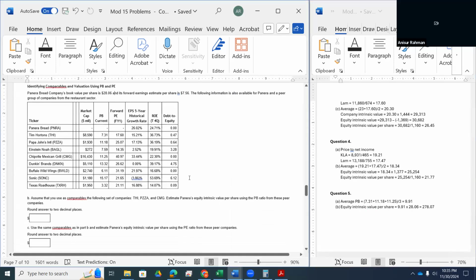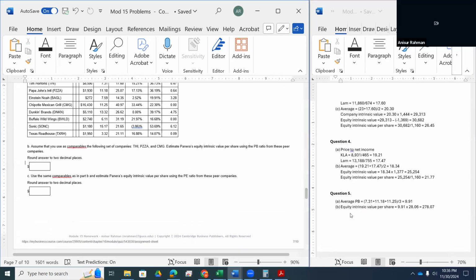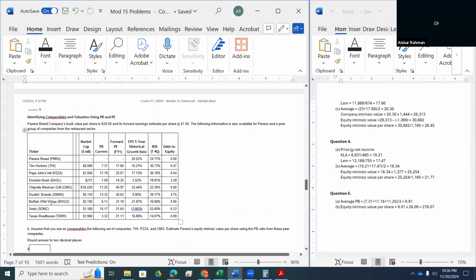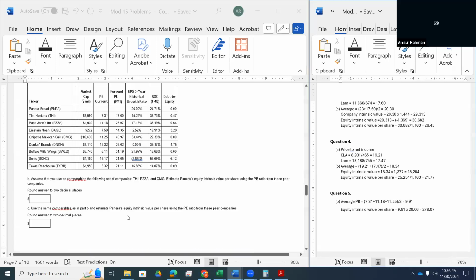So this question does not mention this. No, it does actually, equity intrinsic value per share. Okay, so that is actually B. This question starts with B.